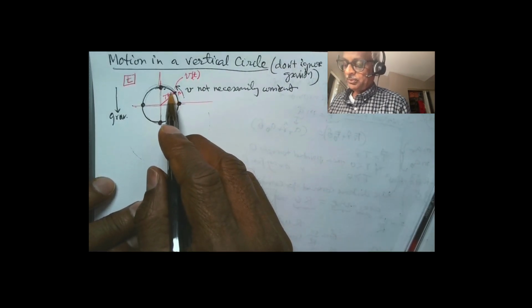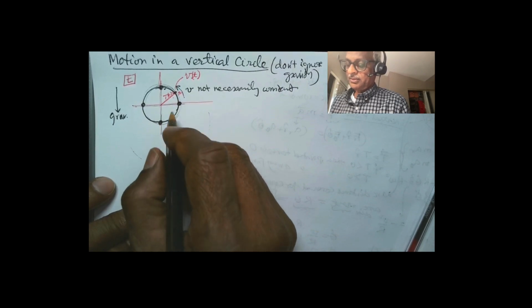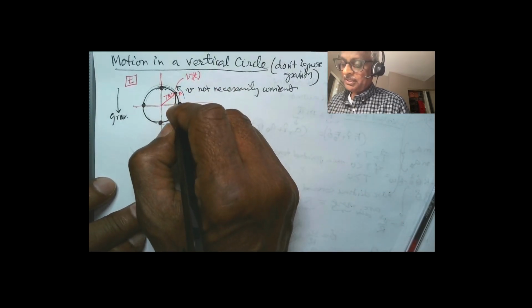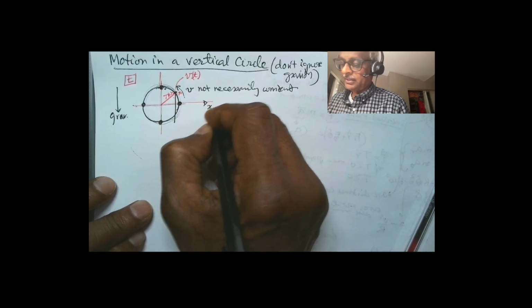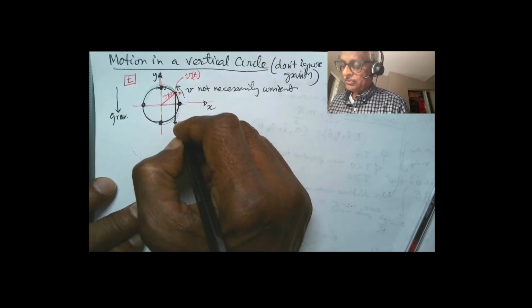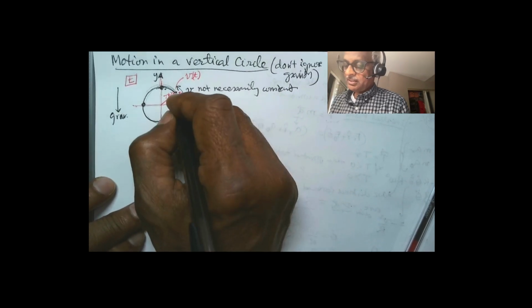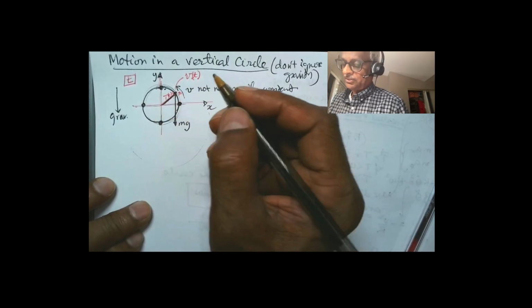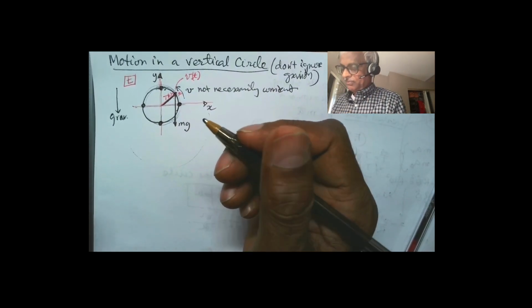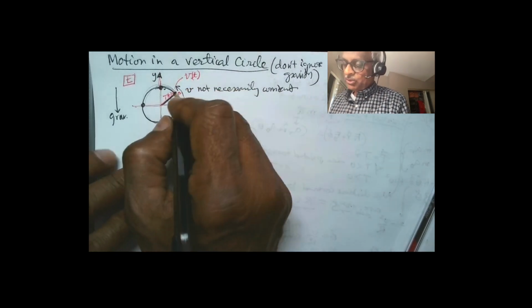Looking at this, gravity is going to be this way. So this is x and y, and gravity is along the y-axis, but the tension is along the radial axis. So this problem could be handled in both ways. But the motion is circular, right?